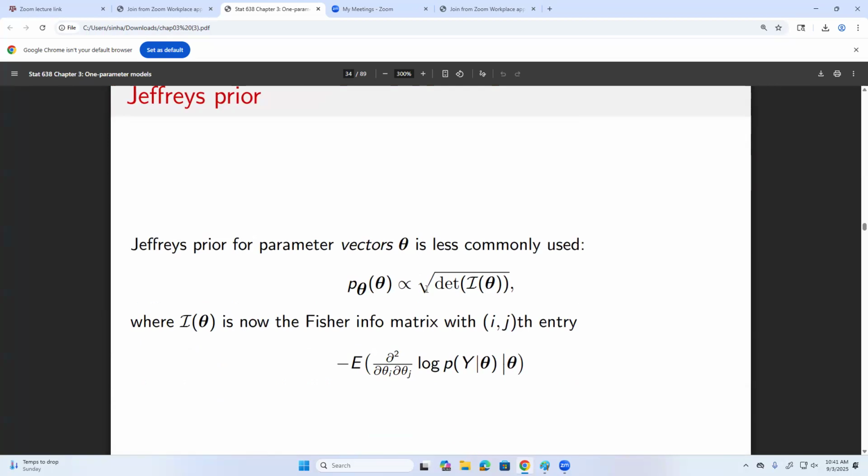For a vector, as I said, it will be the determinant of the information matrix and then take the square root of it to obtain Jeffreys prior.